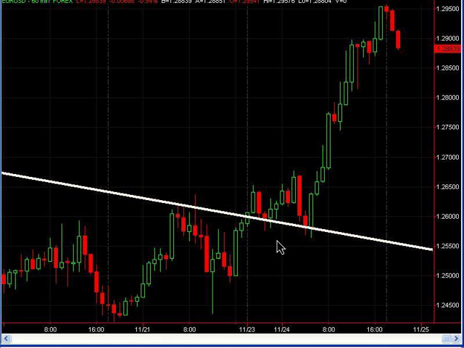We might expect it now to act as support, and we'd exit maybe a stop 50 pips beneath or on a close beneath. And we can see that prices did test the former resistance line from the opposite side, and that was a springboard to a massive rally here.